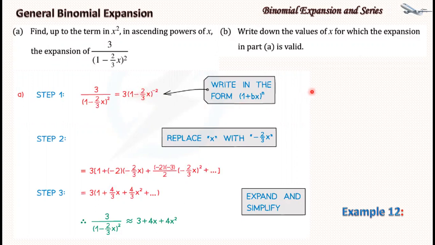So the absolute value of minus 2 over 3x should be less than 1. And when we solve, we're going to have absolute value of x less than 3 on 2. If you bring out the minus from the absolute value, you have 2 over 3, then multiply both sides by 3 on 2. You'll be left with absolute value of x less than 3 on 2. So this example looks frightening, but it's a very simple example. You just need to solve more.